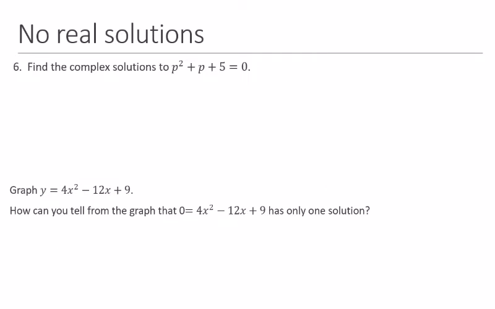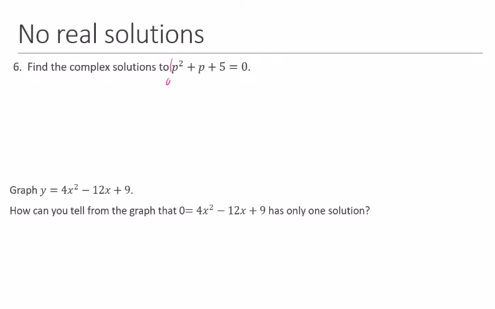All right, here's another one. So once again, this is one that we can't factor. There's no numbers we can multiply to get 5 that we can add to get 1, right? So here's where the quadratic formula is really the only and best option here. Okay, so first of all, I'm going to identify a, b, and c. It's already set equal to 0, so that's nice.